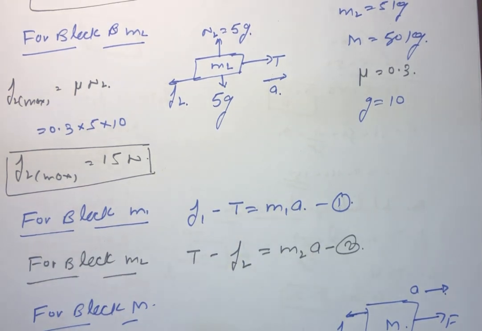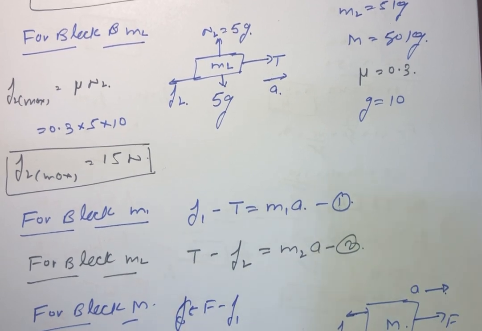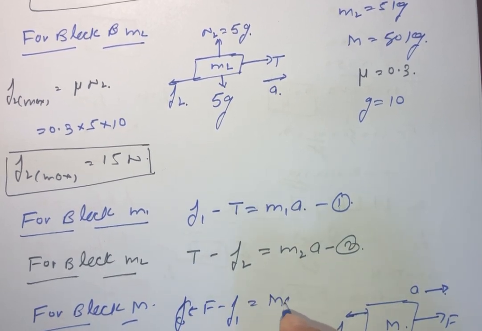So we can write this equation as F minus F1 will equal to MA, equation number 3.